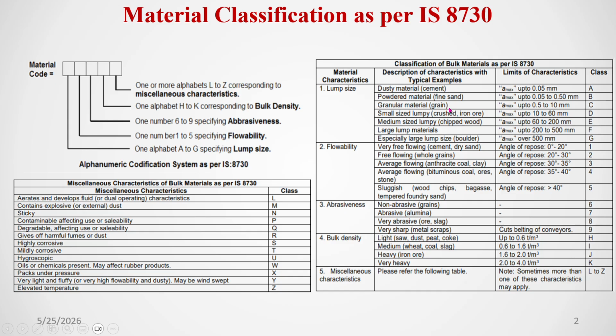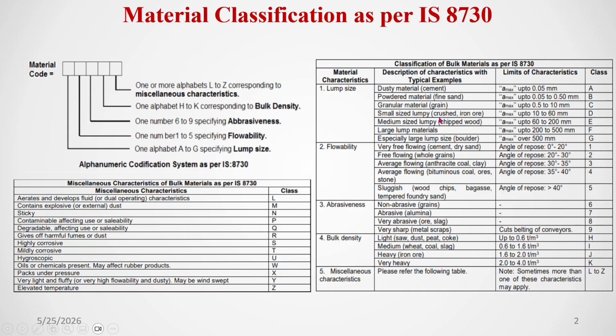Dusty material, having a size of up to 0.05 millimeter, just like cement, very fine powder, is classified as A. Then powder material like fine sand, with particle size 0.05 to 0.5 millimeter, is B. Granular material, grains of 0.5 to 10 millimeter, is C.